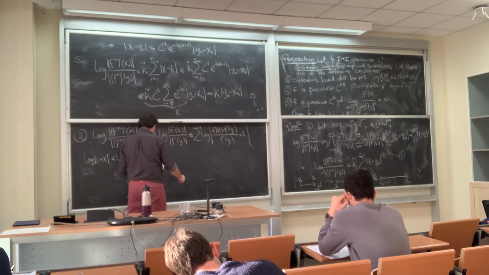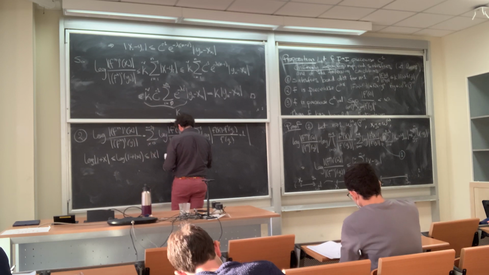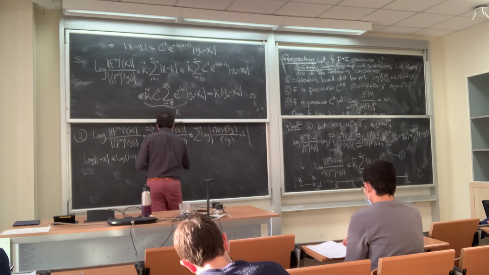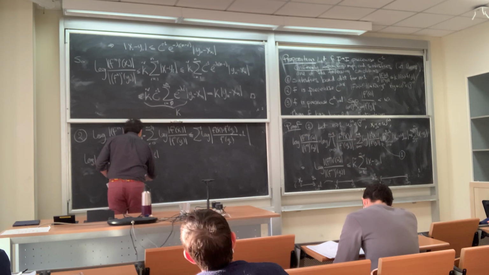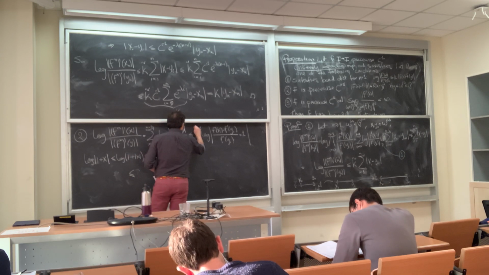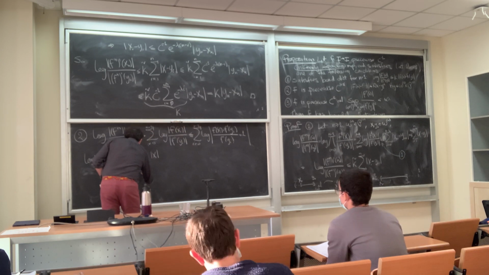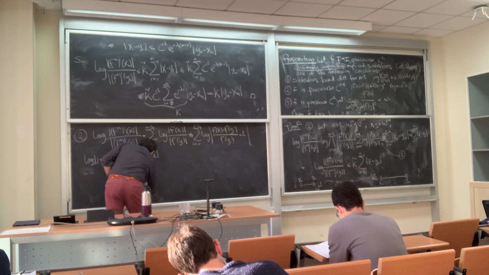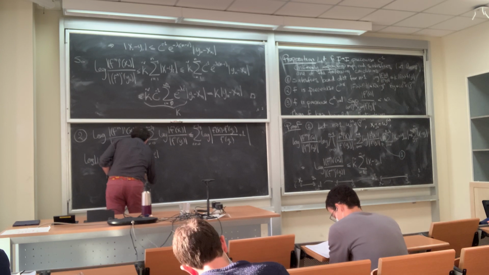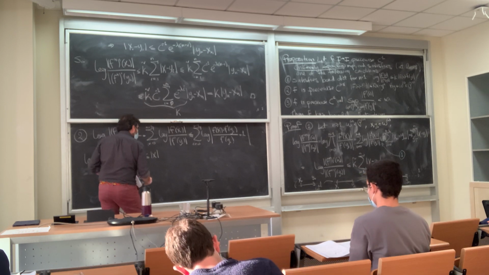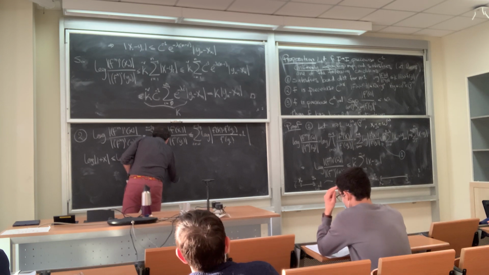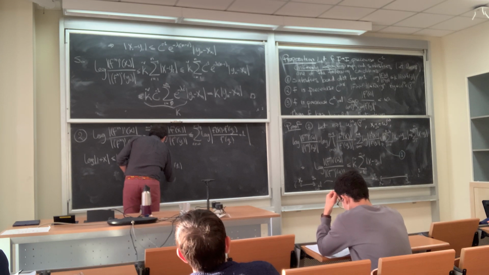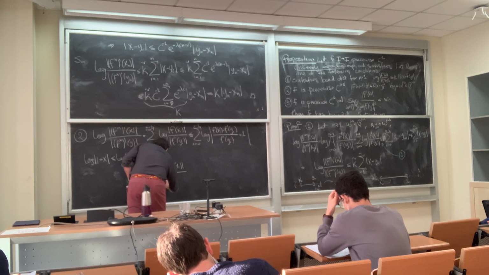Therefore, I'm going to write that this is less than or equal to the sum, i equals 0 to n minus 1, of f prime of xi minus f prime of yi over f prime of yi.